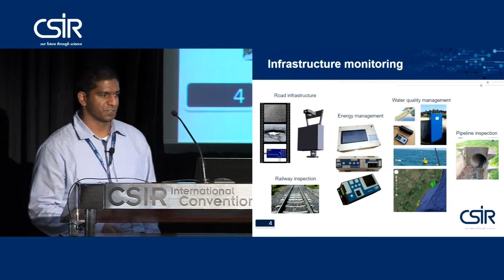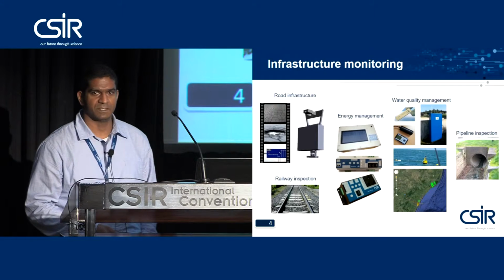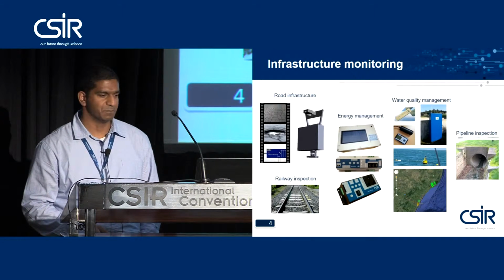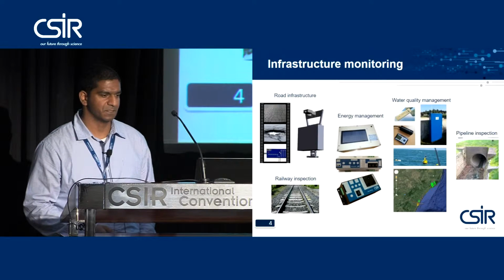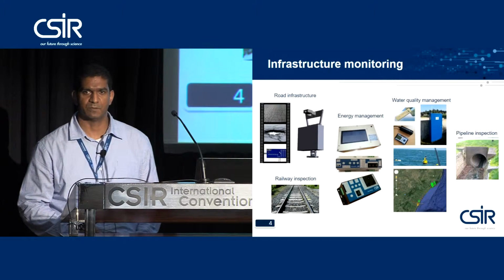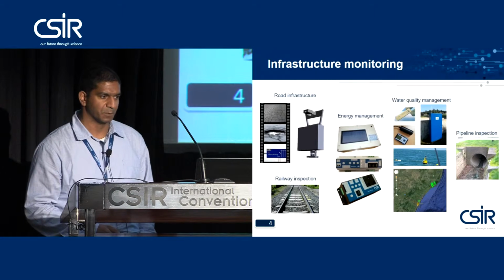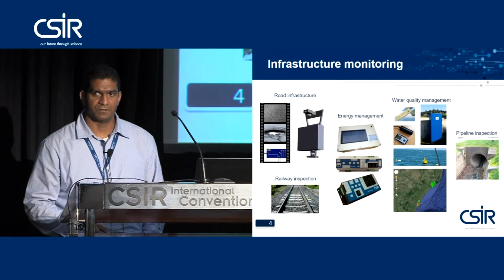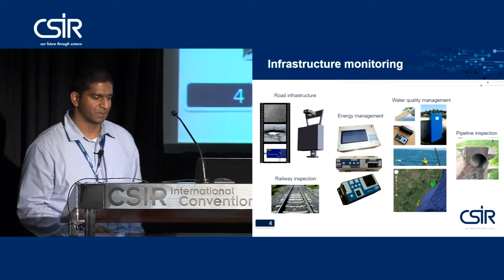So infrastructure specifically, there's a number of these projects and platforms in the CSIR dealing with energy management, water quality management. We've started up some stuff on pipeline inspection and railway inspection. And today I'm going to show you specifically the road infrastructure platforms.